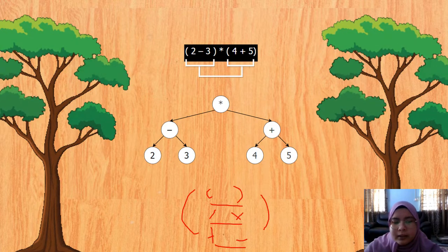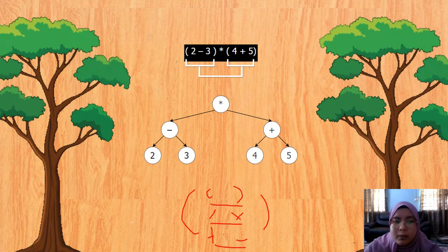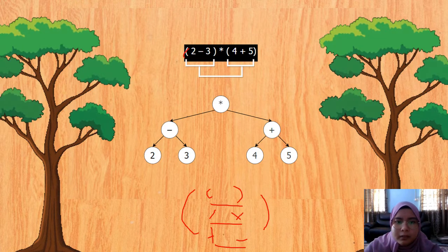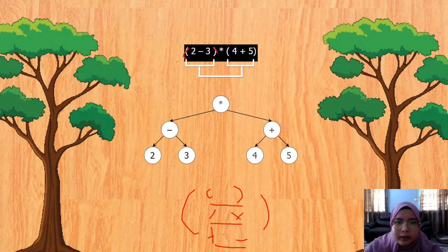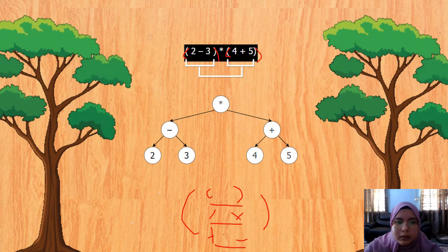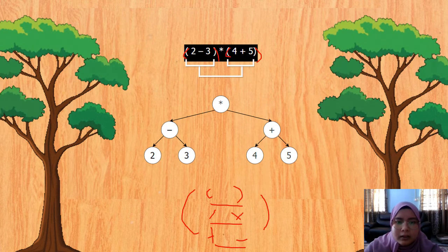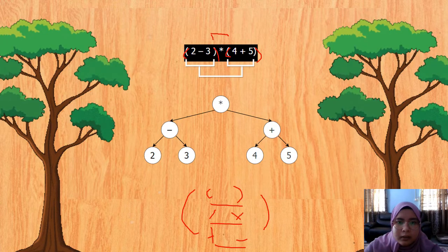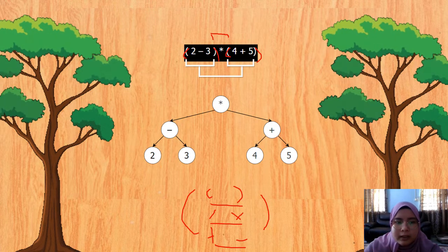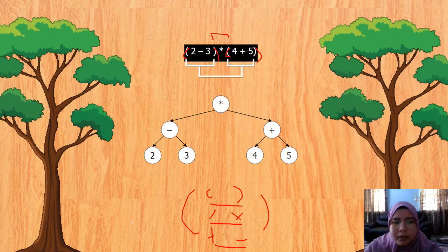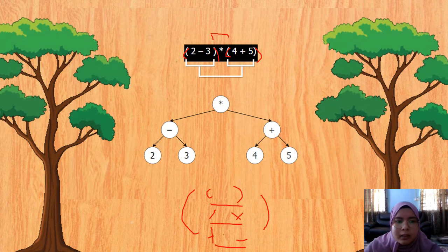Then back to the question, we need to identify the operation. So here we have two brackets. The middle here is the root. Below down here is the answer for this question. As we already know, the middle here is the root, then we put it in here.